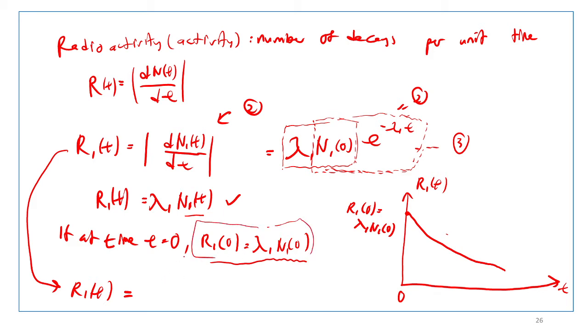So R1(t) is equal to R10 exponential minus lambda 1 t. So knowing the initial radioactivity and the decay constant of the nuclides, you can calculate the present radioactivity of the nuclides. That's the conclusion.